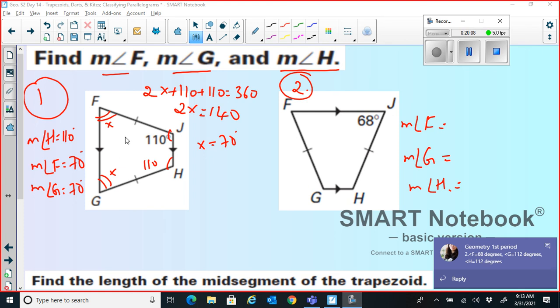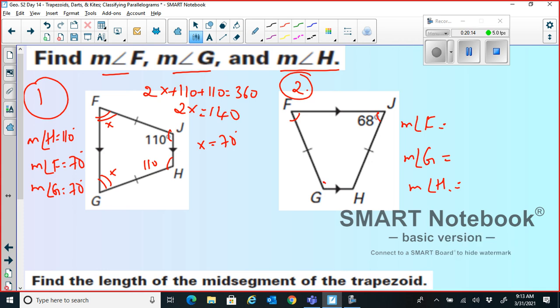Same way as this particular problem, angle J and angle F will be congruent, and angle G and angle H will be congruent. This time I'll call this X and this will become automatically 68 degrees. So angle F I got 68 degrees. And angle G and angle H I'm calling X. So X plus 68 plus 68 equals 360 degrees.